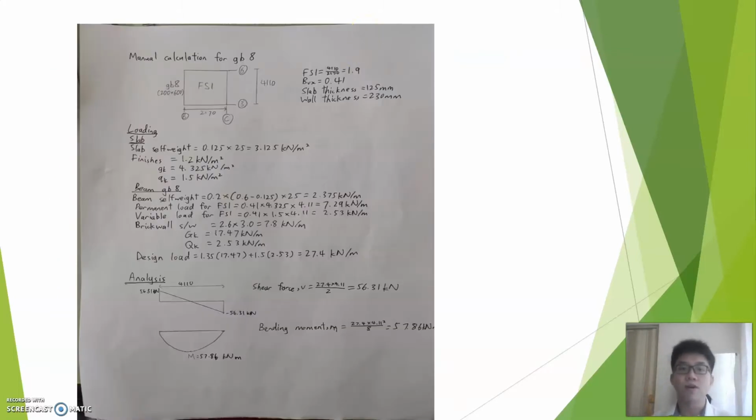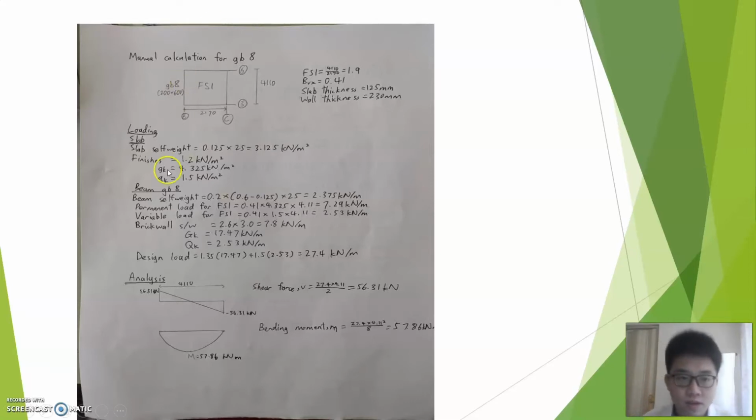So for the manual calculation for GB8, because GB8 is located at floor slab 1 on the left, we first need to calculate the loading, the Gk and Qk.